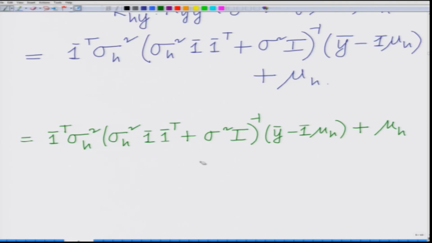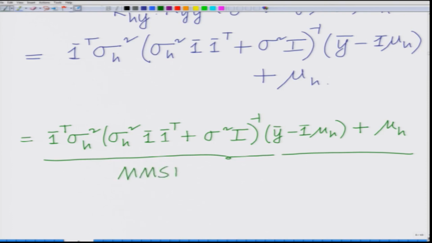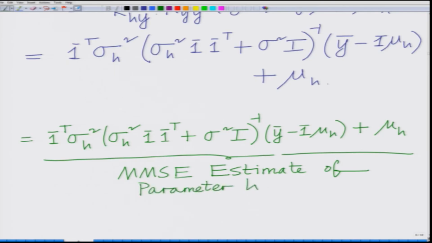And this is therefore the MMSE estimate. Now, we have a neat expression for the minimum mean squared error estimate of the parameter h.